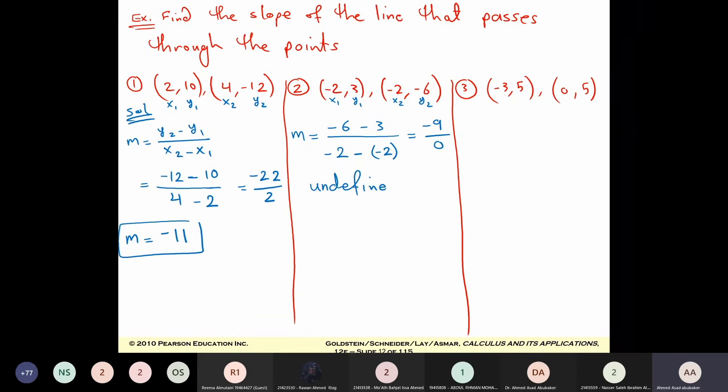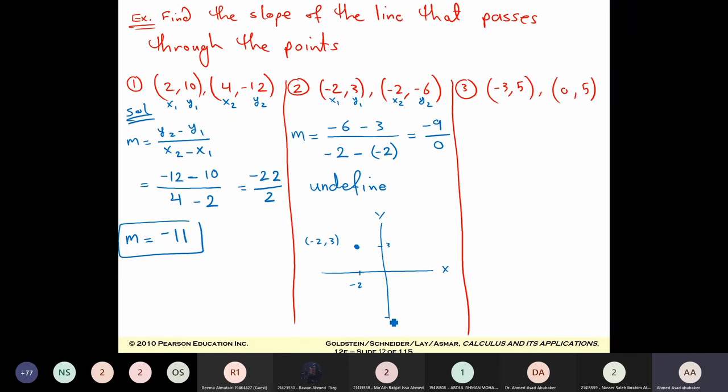If we draw the line, we can see this line is vertical. Look at this. In the xy plane, this is x and this is y, and the point at negative 2 has 3, for example. This is the first point, (-2, 3).